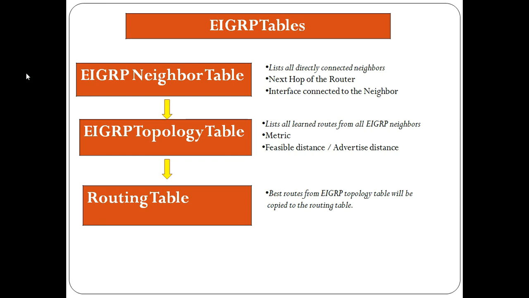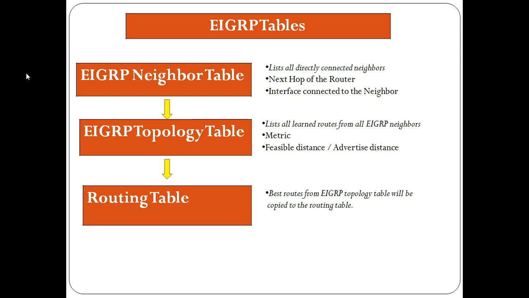Moving on to the topology table. The information gathered from the neighbor table goes into the topology table. The topology table maintains the entire EIGRP network to reach a particular destination. It carries information about the feasible distance, advertised distance, and metric. We'll deal with the feasible and advertised distance in the upcoming slides.